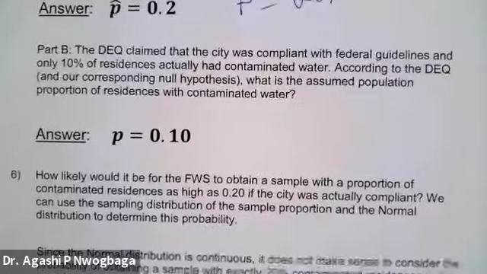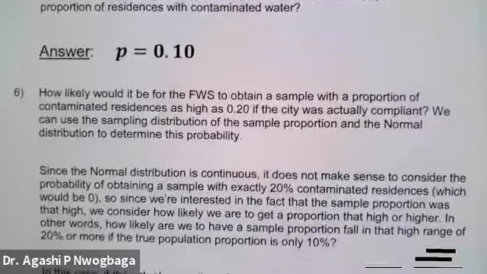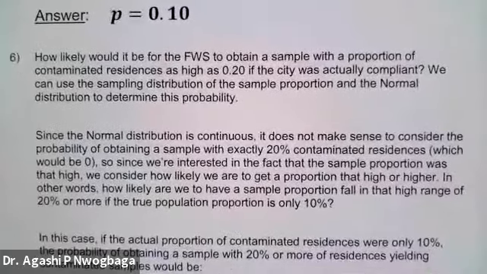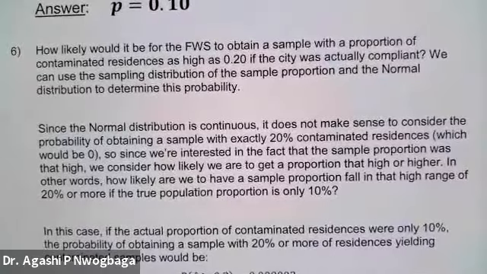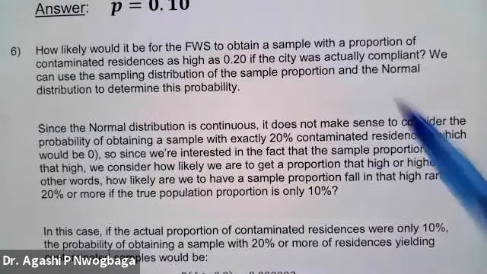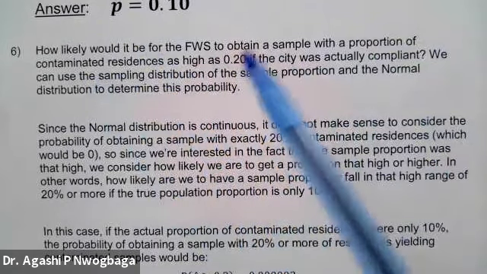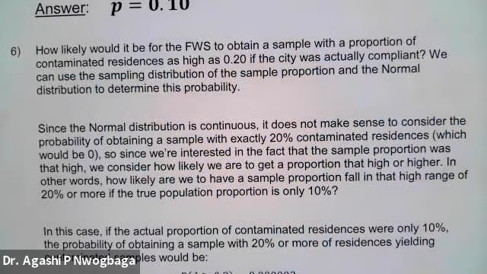Number 6 says, how likely would it be for the FWS to obtain a sample with a proportion of contaminated residences as high as 0.2 if the city was actually compliant?